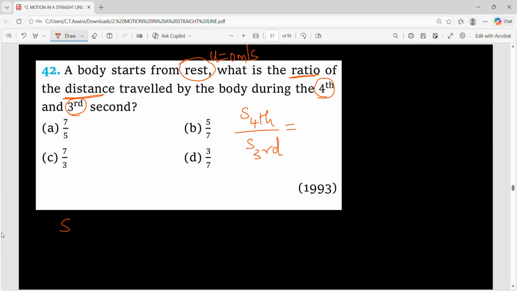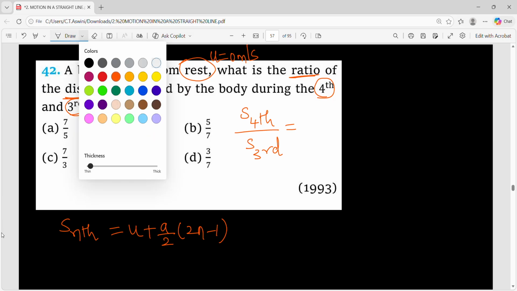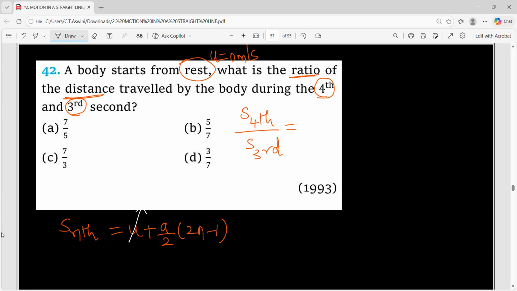First of all, what is the formula for S nth? It is u plus a by 2 into 2n minus 1, right? What is the initial velocity? Initial velocity is 0, so you can eliminate this term. And a by 2 is constant, right? So you can eliminate the term as well. So can I say now S nth is directly proportional to 2n minus 1?